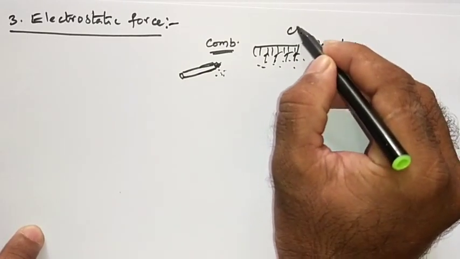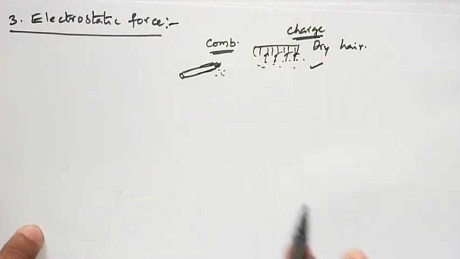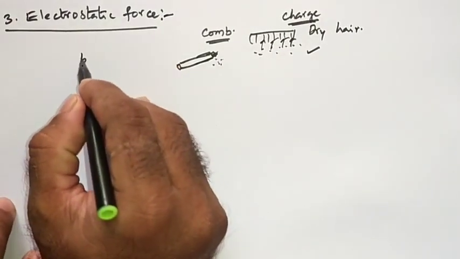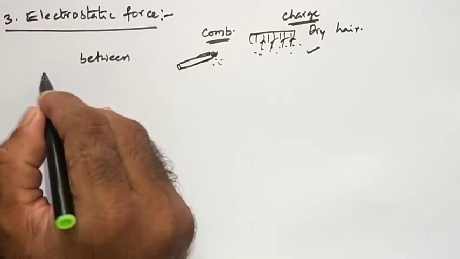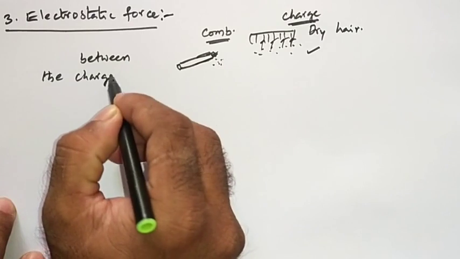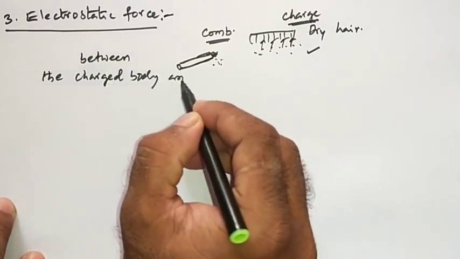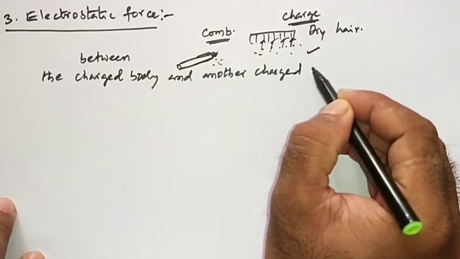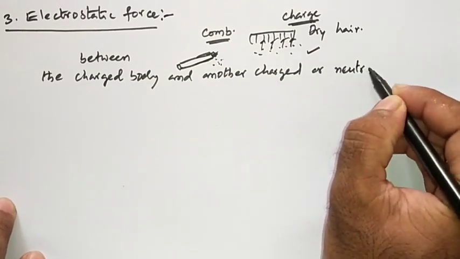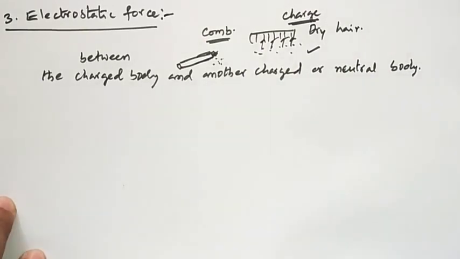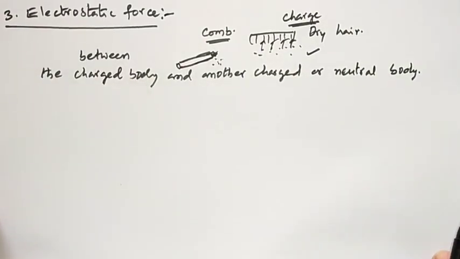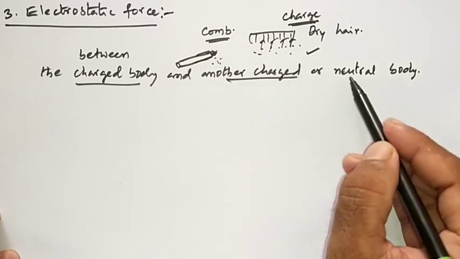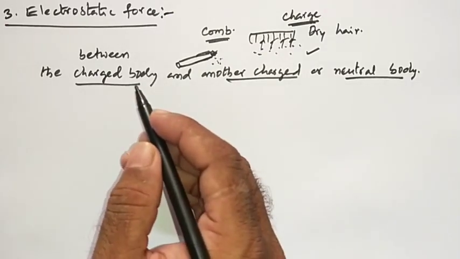Electrons are transferred from one body to another, and a charge is created on the body, so that the force acts between a charged body and another charged or neutral body. That force we call electrostatic force.